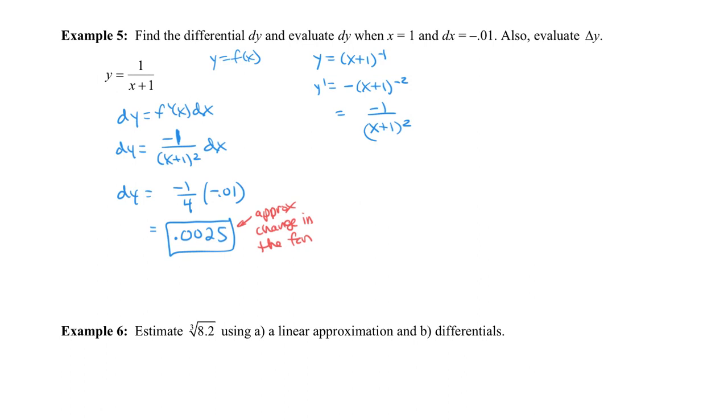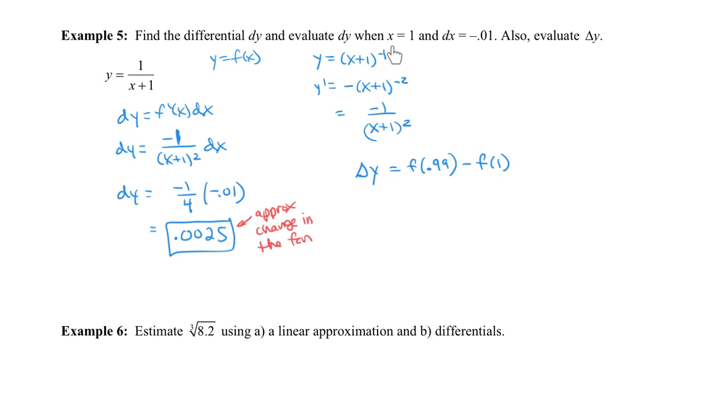So they said find the differential dy, which we did. Here's dy. We evaluated dy when x equals 1 and dx equals negative 0.01, which is right here. And then they say evaluate delta y. So what that means is find the actual change in y. Okay, so delta y, the change in y, is just equal to the function evaluated at 0.99 minus the function evaluated at 1. And where is this from?